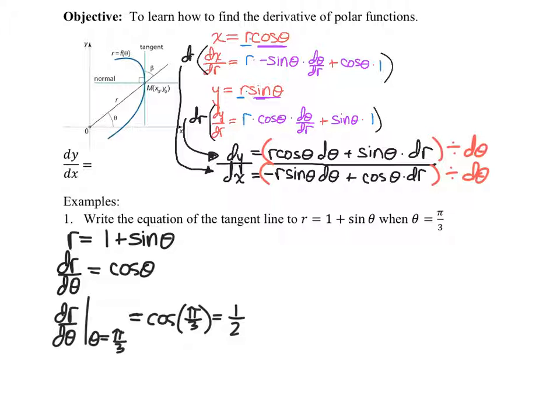Because the reality is, you're more often going to be given a situation where you have r equals something, not necessarily 1 plus sine theta, and when you take the derivative, you're going to come up with a dr d theta. So why not take your rule and adjust it so that it fits that information?